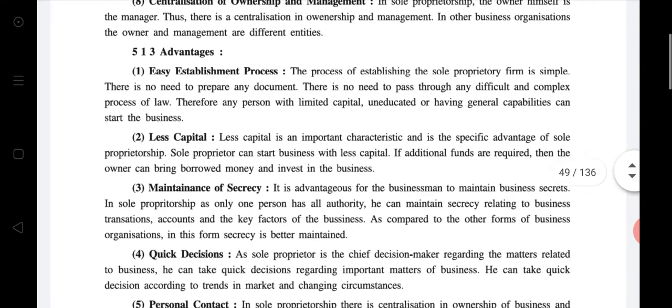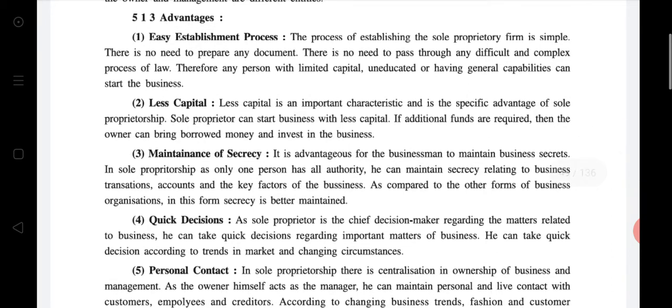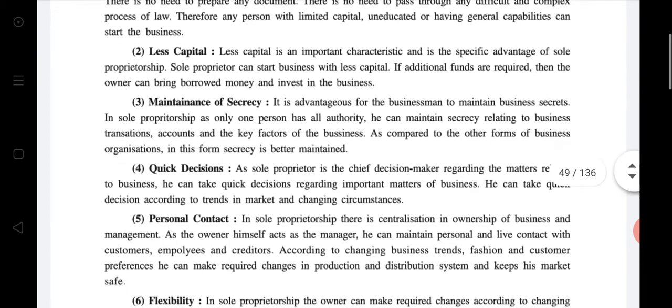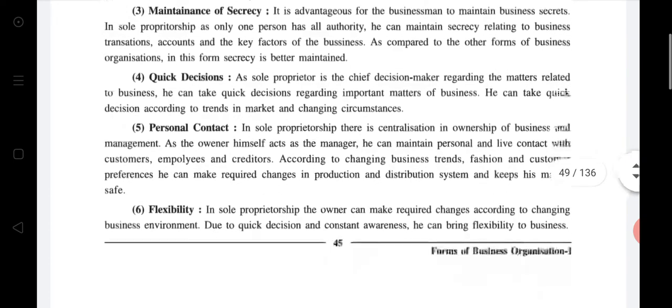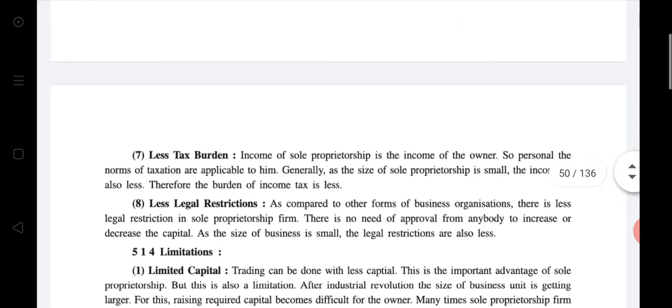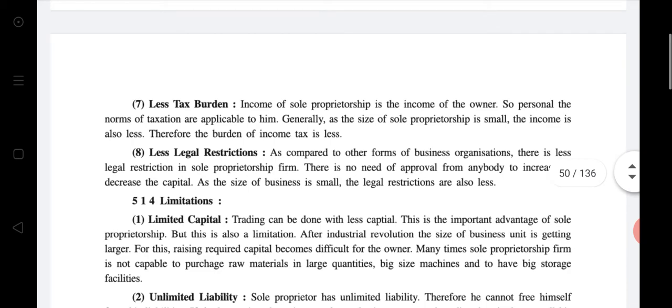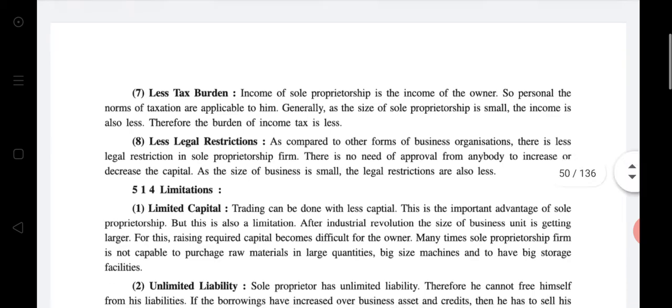Then advantages of sole proprietorship. And why am I repeating the head points in all lectures? Because through revisions and repetitions, you learn all the head points easily. That's why. So: easy establishment process, less capital, maintenance of secrecy, quick decision, personal contact, flexibility, less tax burden, and less legal restriction.